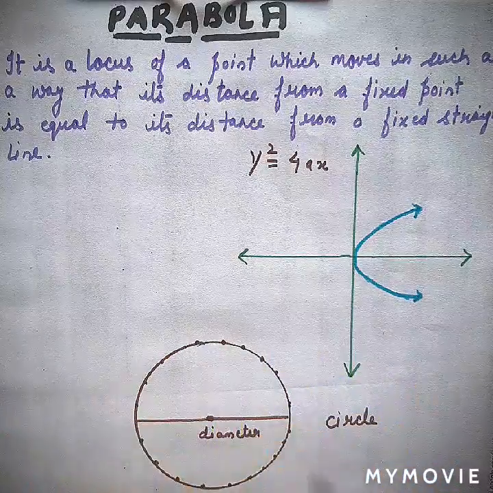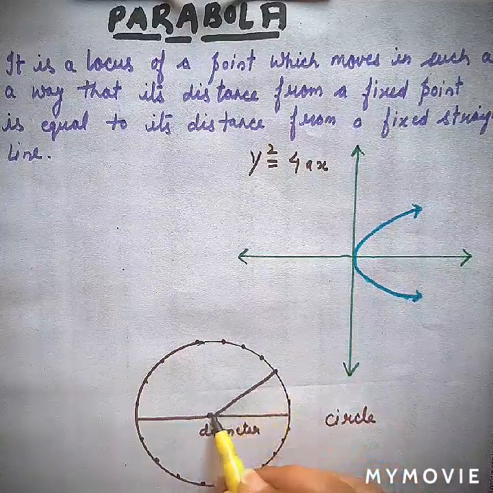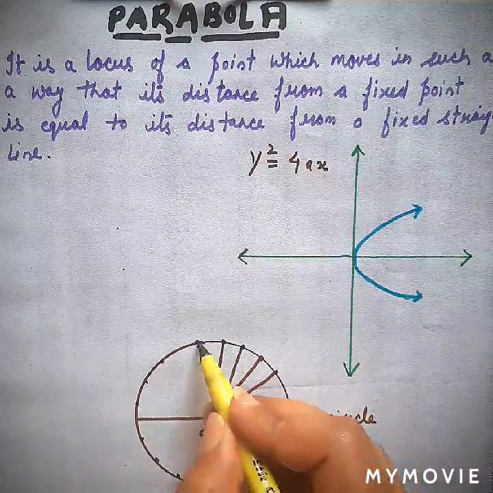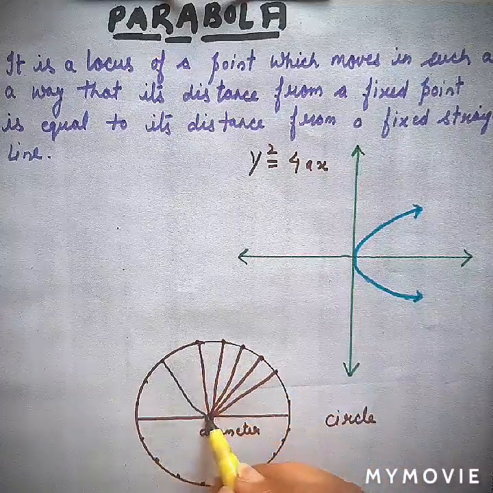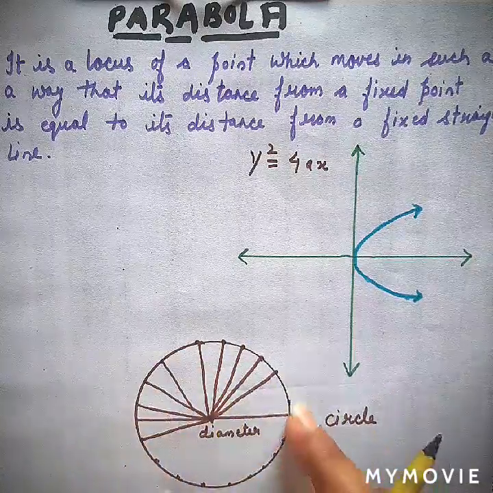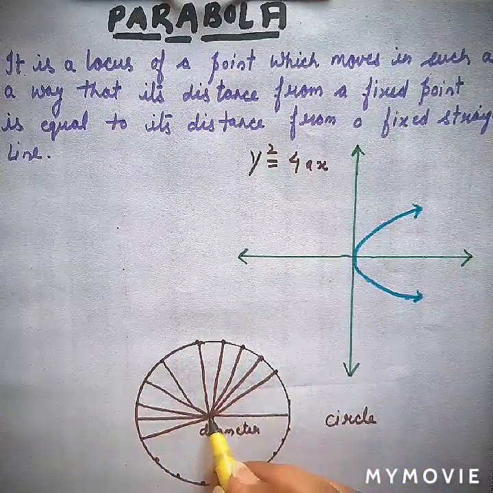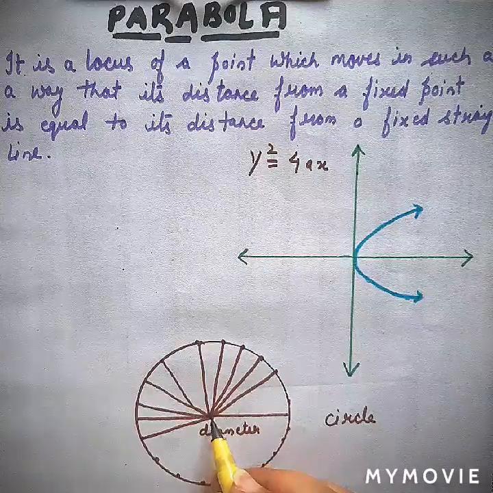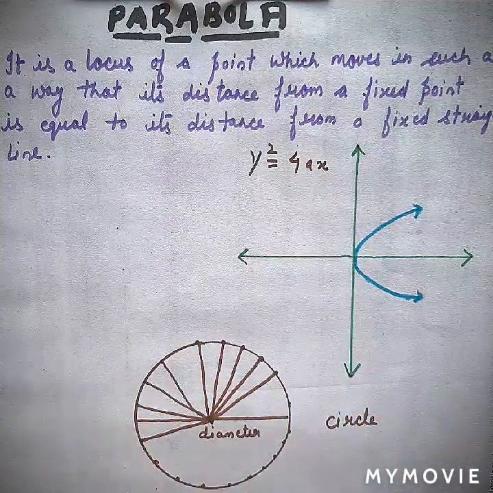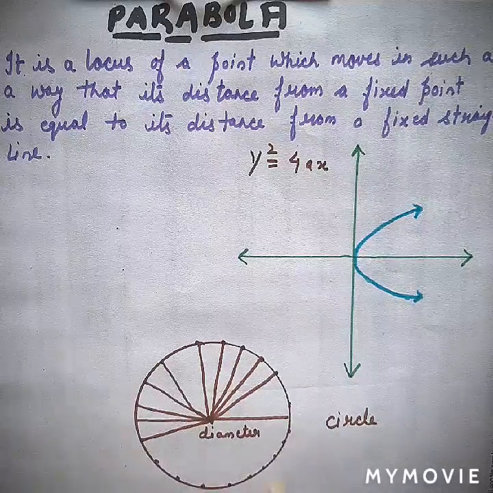So this circle is a collection of points which are equidistant from a particular point which we call the center of the circle. The collection of all the points which are equidistant from the center is called a circle.